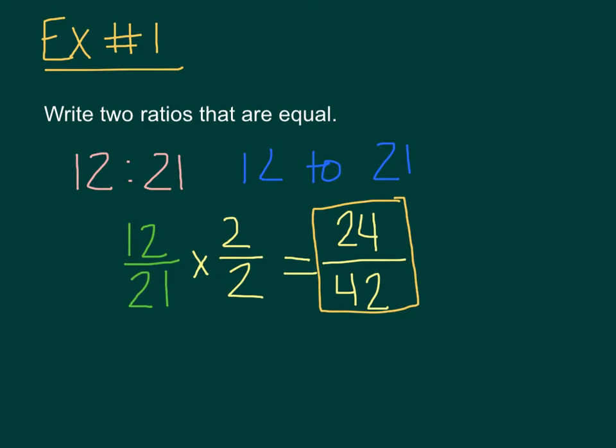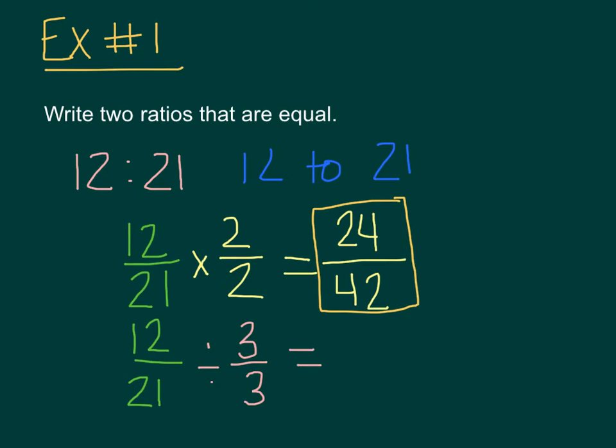Now I'm going to rewrite the fraction again so we can find our second equal ratio. And I just wrote it in a fractional way. And this time, let's divide by 3, because 12 and 21 can both be divided by 3 evenly.